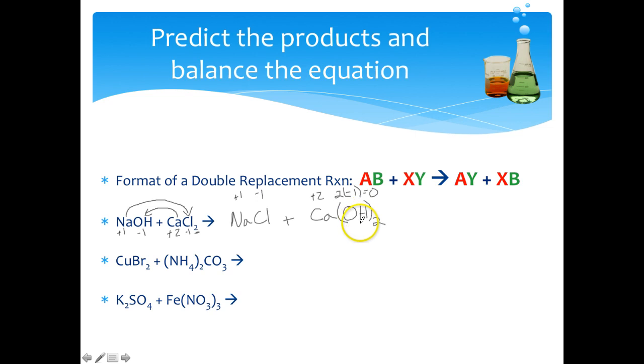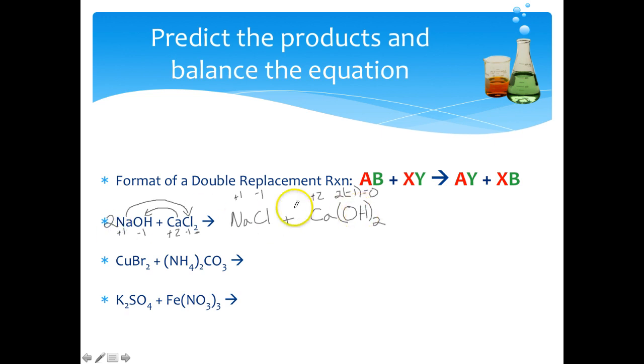All right, last step, balance it. 1 sodium on the reactant, 1 sodium on this side. 1 hydroxide on this side of the arrow, 2 hydroxides on this side of the arrow. To fix that, you're going to have to put a 2 in front of the sodium hydroxide.